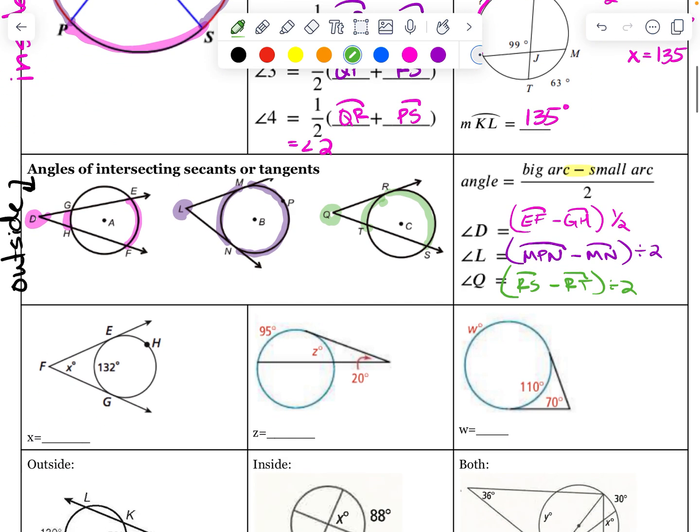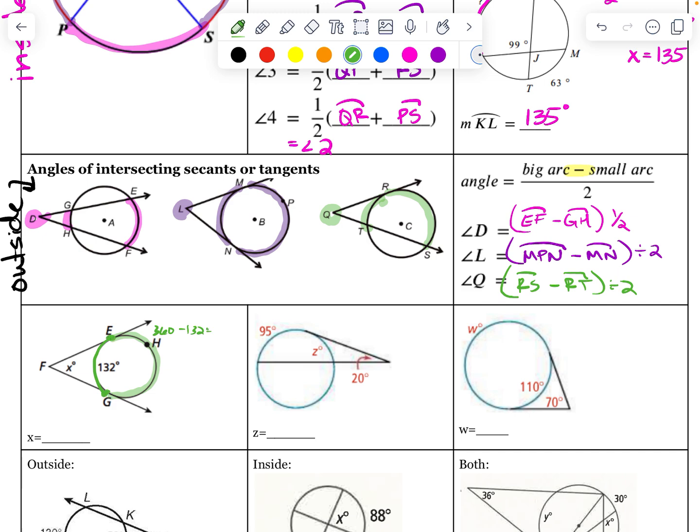Let's use it. All right, so that 132 is talking about this arc. So I need to do big arc minus small arc divided by 2 equals X. But I don't know the big arc yet. This big arc, EHG, is going to be 360 minus 132. You can just look at a picture and see those are 2 tangents.